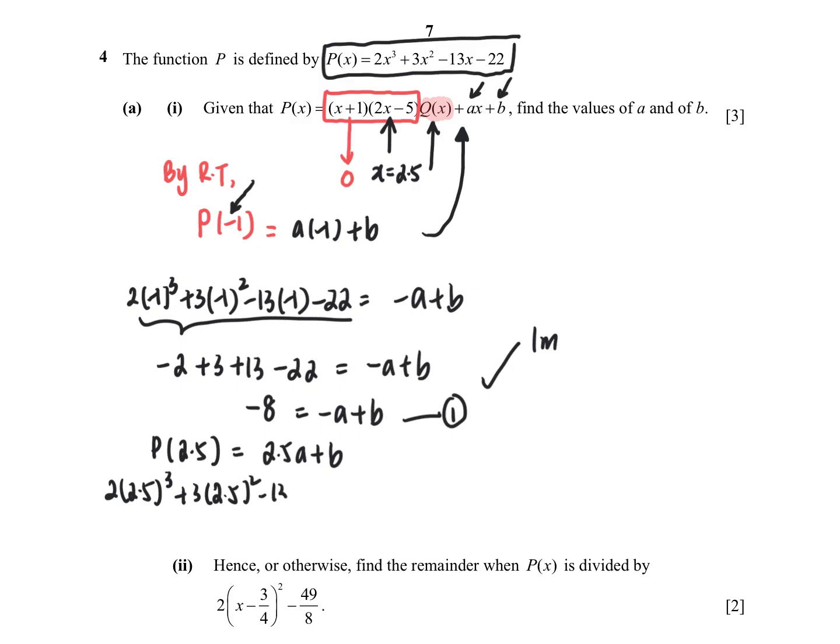Square it. Okay, what is this value here? Jeff? 5A plus 2B equals to? So this is negative 2.5 lah. Okay, so this is the second equation.